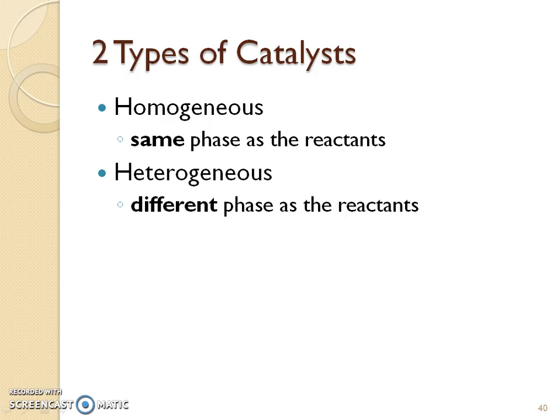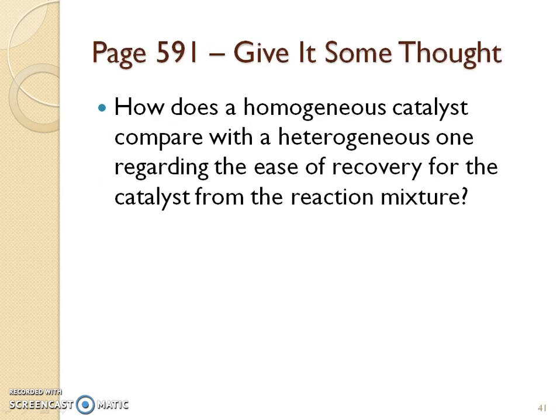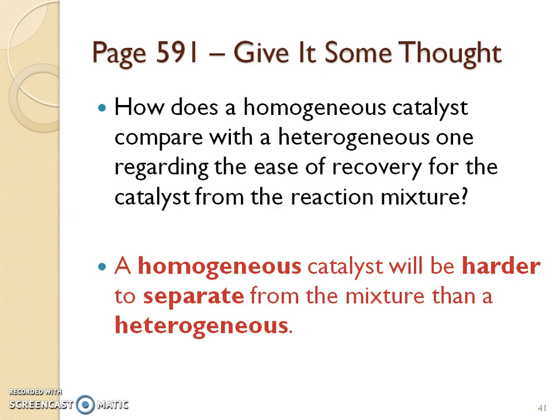So there are two types of catalysts. Homogeneous, same phase, so the reactants are both going to be gases or they're both going to be liquids. Heterogeneous means that those reactants are in different phases. So you might have a liquid and a gas reactant. Does that make sense, right?